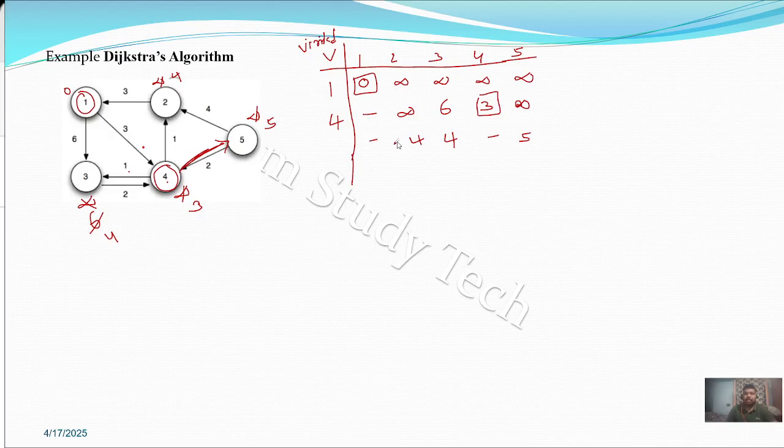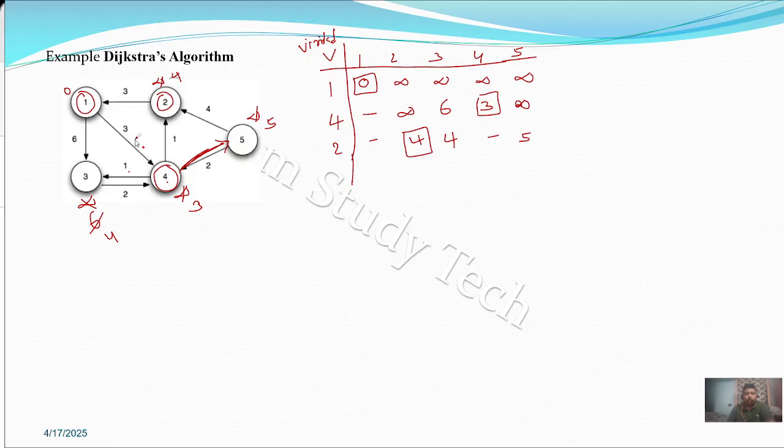So which is the minimum? So I consider 4 is the minimum now. So 2 is the visited vertex. Now we have to find out the distance from 2 to other vertices. So here 3 is an unvisited vertex and 5 is also an unvisited vertex.